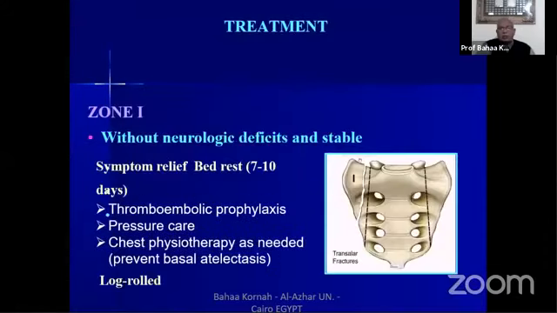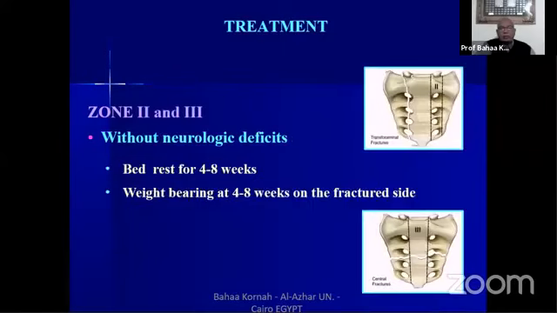In zone 1, this is an example without neurological deficit, and it is stable: symptom relief, bed rest for 7 to 8 days, and don't forget what we mentioned about thromboembolic prophylaxis, pressure care, chest physiotherapy, and leg rolls for these patients. In zone 1 and 2, and zone 3 without neurological deficit, bed rest for 8 weeks if it is stable, with weight bearing at 4 to 8 weeks on the fracture side.